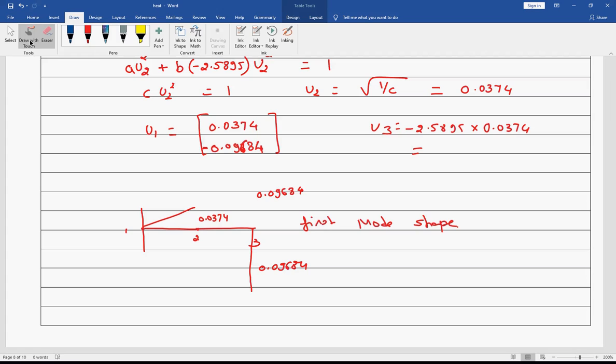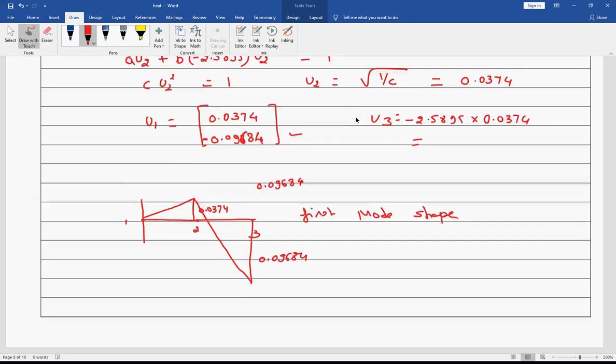So this height is like this, I have to connect this. And this is the height, which is 0.037. So this is my first mode shape. In this way, this mode shape will come. If this is negative, in this way it will come. Similarly, you can find out what is going to be for lambda 2.